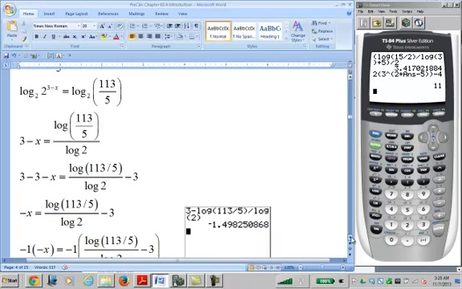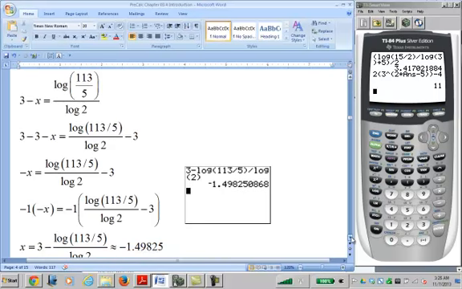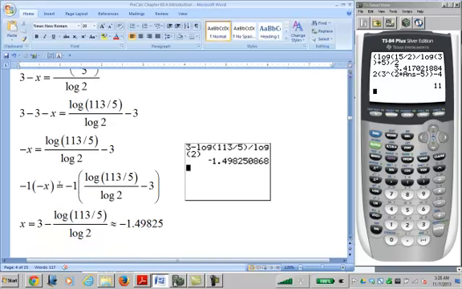Just as in the previous problem, we have this complex fraction, and we subtract 3 from both sides, we get negative x, we multiply both sides by negative 1, we get x equals 3 minus the log of 113 over 5 divided by the log of 2, approximately equal to negative 1.49825.